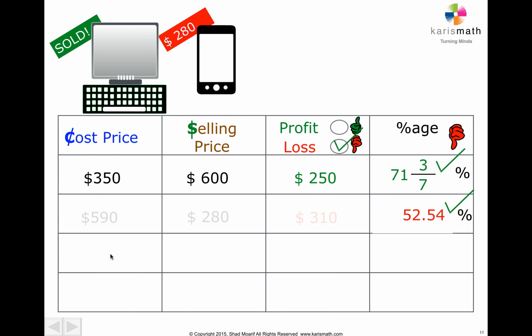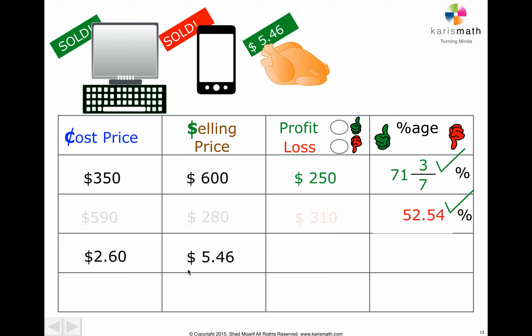But that's okay because the next item that you're selling is chickens, and you're selling each chicken. You bought it for $2.60 and you're selling it for $5.46. That's a good profit, which means the difference, because this is a profit, is $5.46 minus $2.60, which is $2.86.